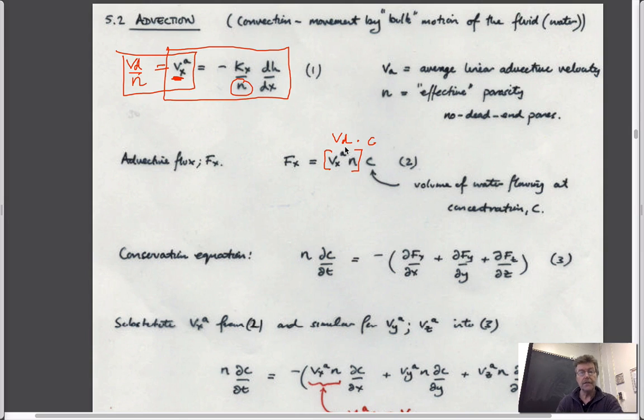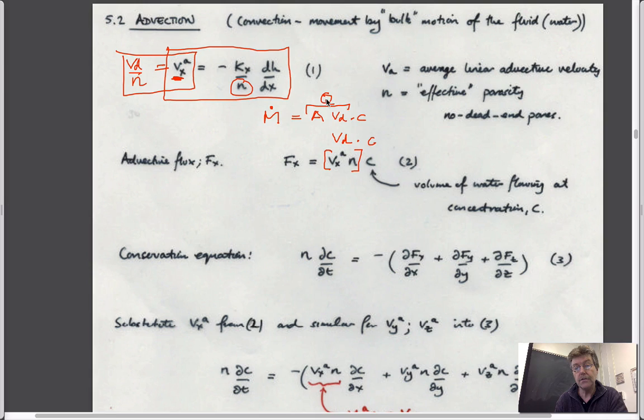If you multiply that by an area, you'd end up with what we've called Q, and this would be, I think we've called it m dot, the contaminant mass flux. Volumetric flow rate times concentration gives that. That's the expression we used last time.